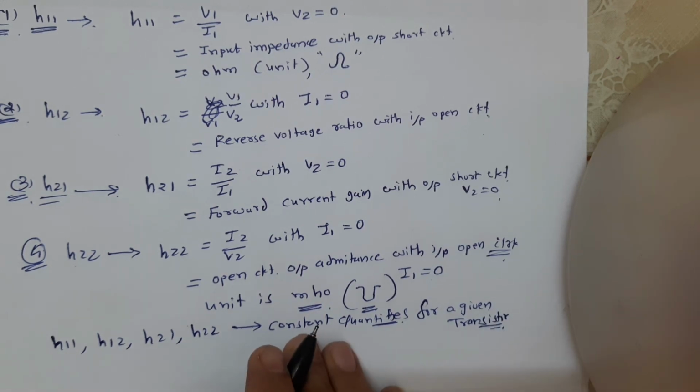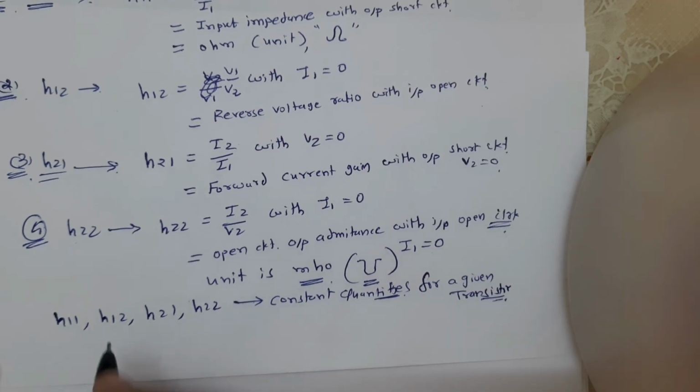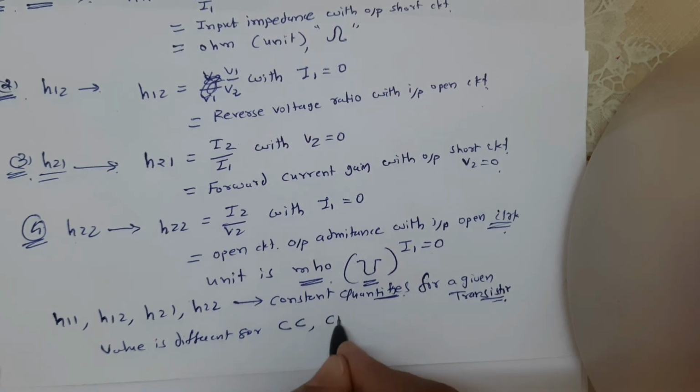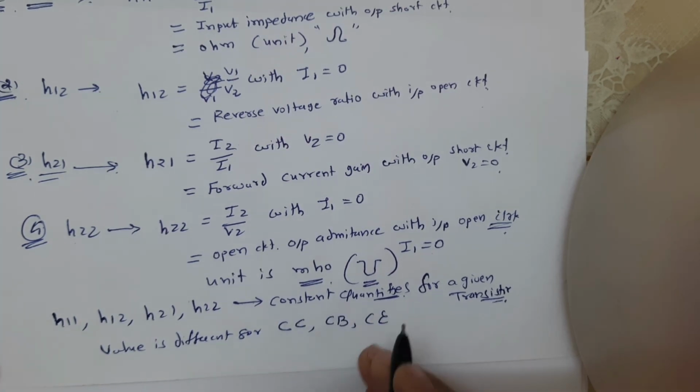But the values will be different for common base, common collector and common emitter amplifiers.